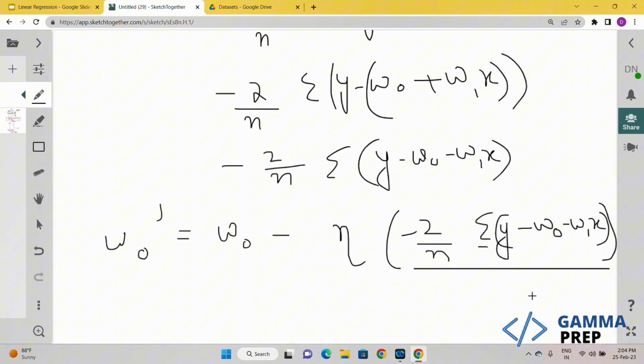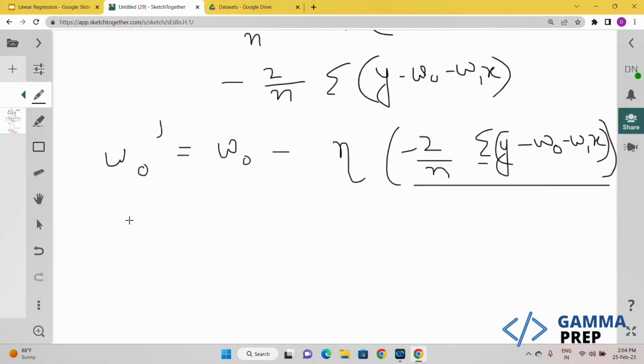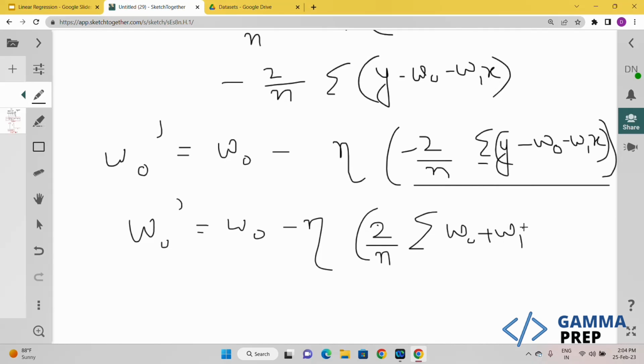If you remove this minus sign, it would be 2 by n, and we'll have w0 plus w1x minus y, like this. Okay, so this is the update.